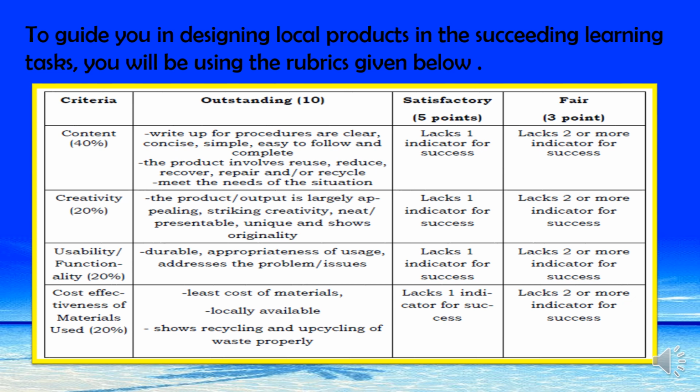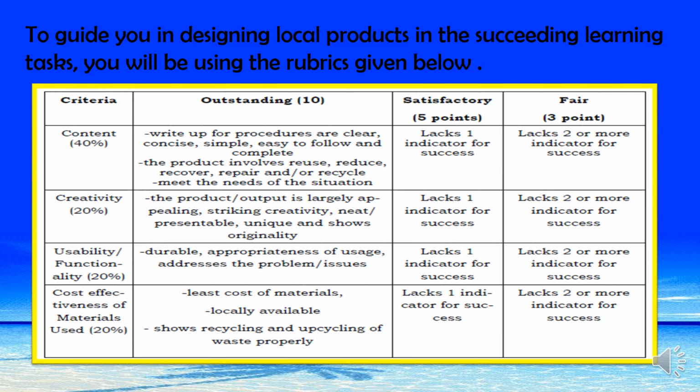Then you will get 5 points for satisfactory if it lacks one indicator for success for the content, lacks one for the usability indicator, and for cost effectiveness lacks one indicator for success.